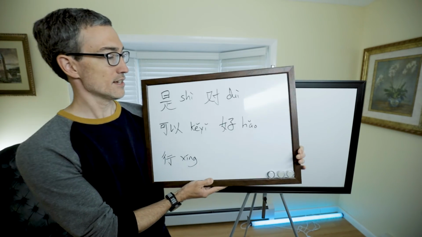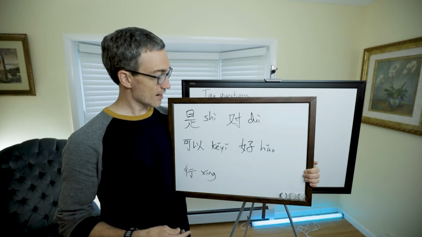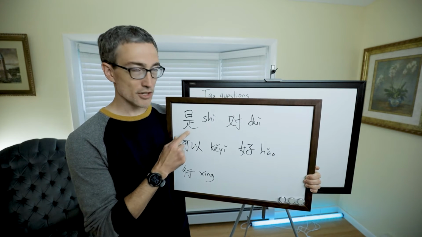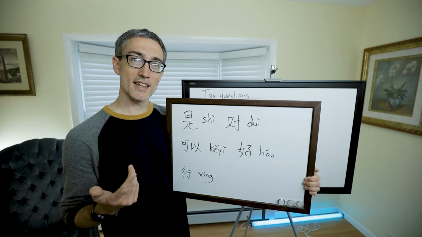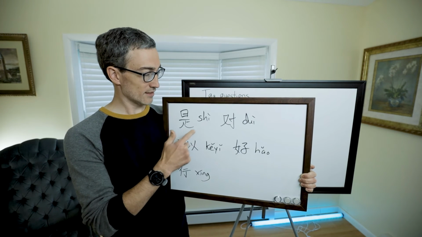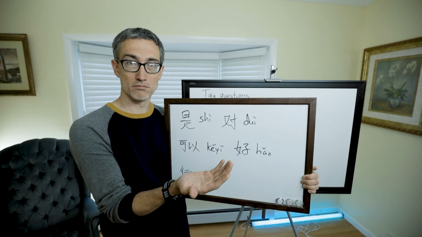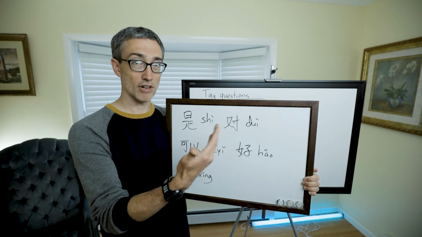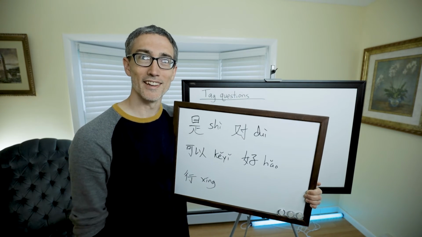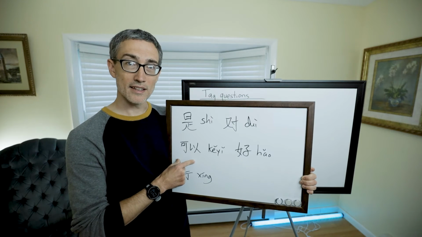So there are different kinds of tag questions. Here I have a little list of Chinese words that are commonly used in tag questions. We have 是, meaning is. So we might say, is that so? We'll use that to clarify whether something is true. We have 对, which means correct. So makes sense, right? Correct, right? Yeah, it makes sense, right? I just did it. 可以 means can.